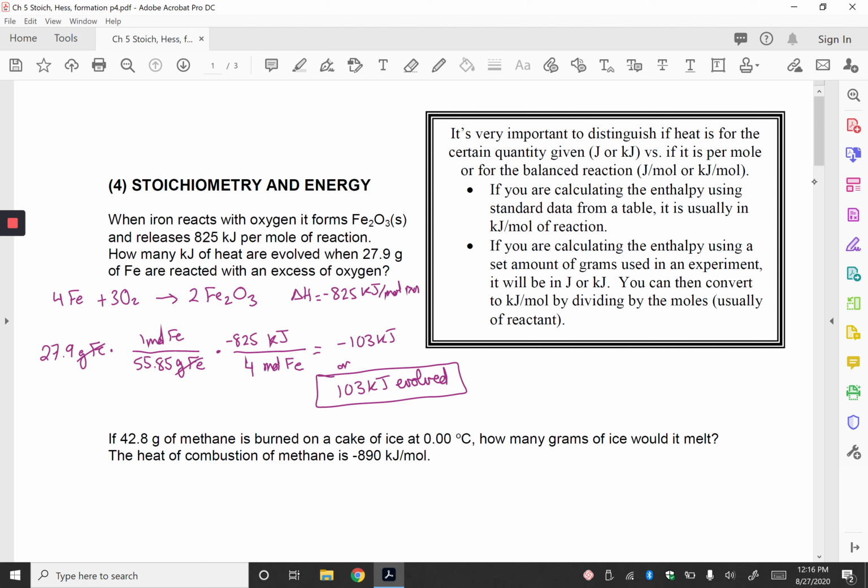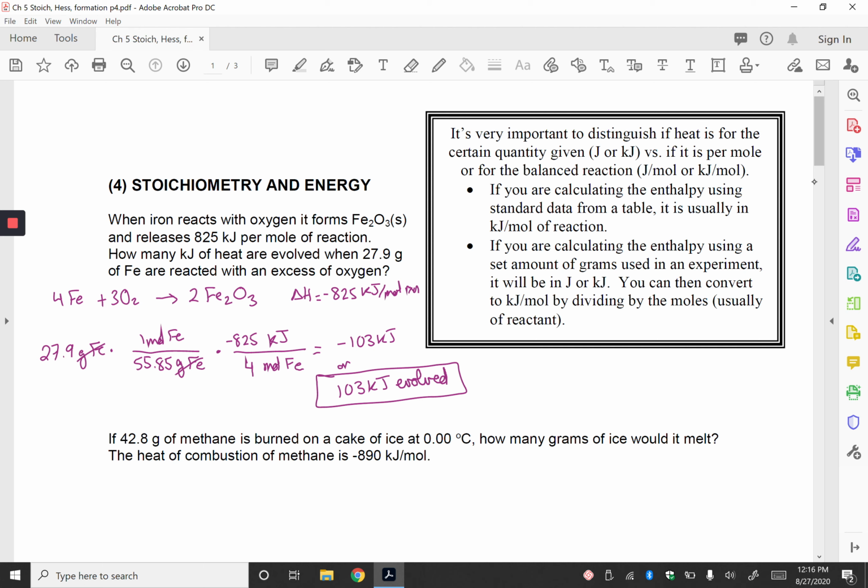So if you are calculating the enthalpy using any standard data table, it's usually in kilojoules per mole of reaction, or just kilojoules per mole. If I look up any number, so if it's in a table, or they write a reaction and then delta H next to it, that means it's kilojoules per mole, usually of reaction.